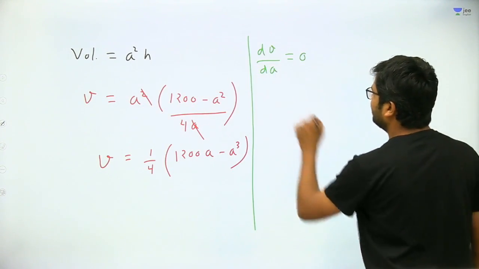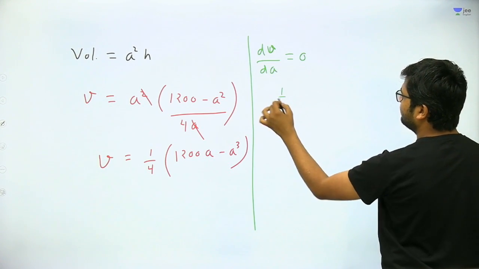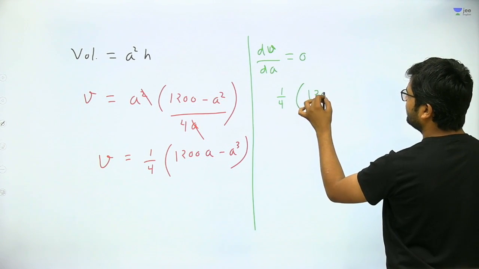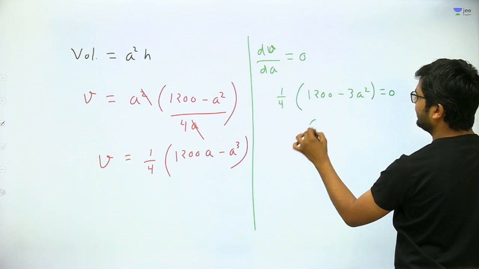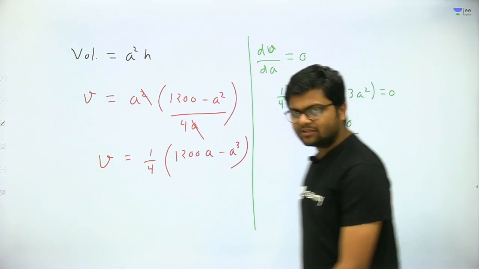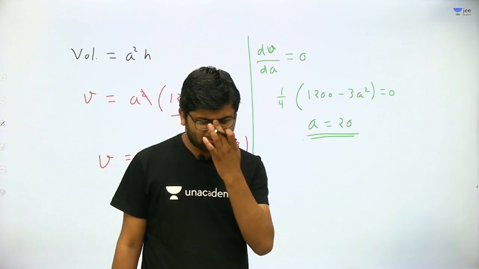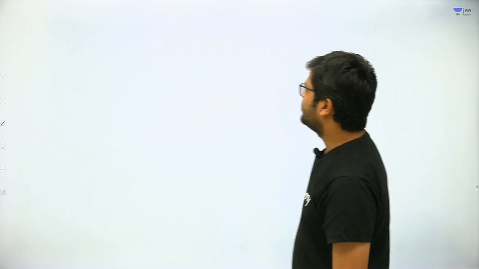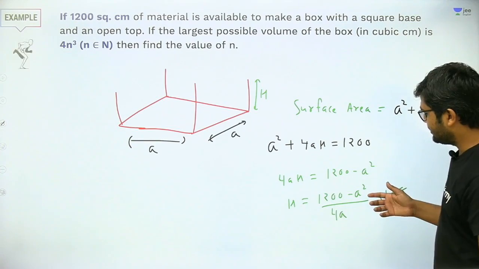So dV by da is 0; 1/4 is constant, and it will come out to be 1200 minus 3a square equals 0. So from here a will come out to be 20 or minus 20, but since we are talking about the sides of a figure, it cannot be negative. Very good. So a is 20. If a is 20, what will be the value of h?